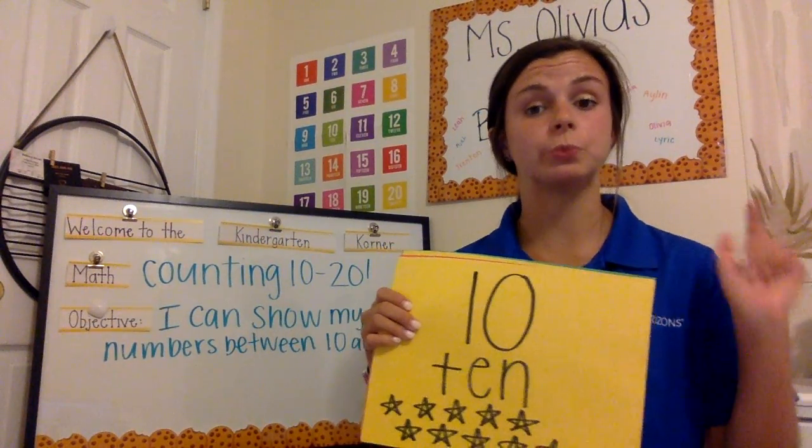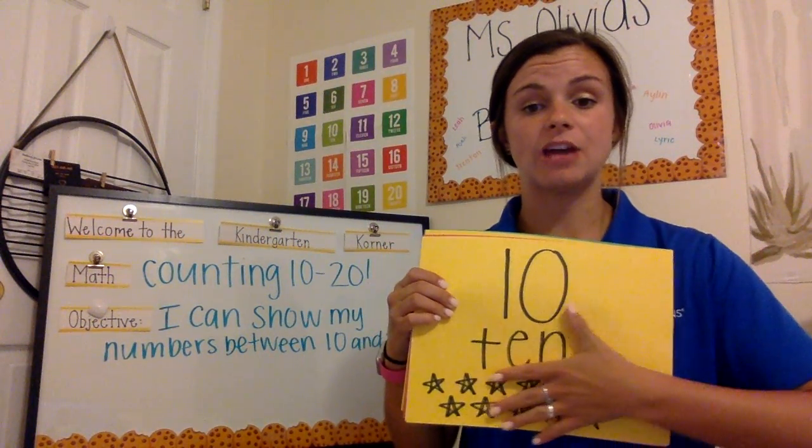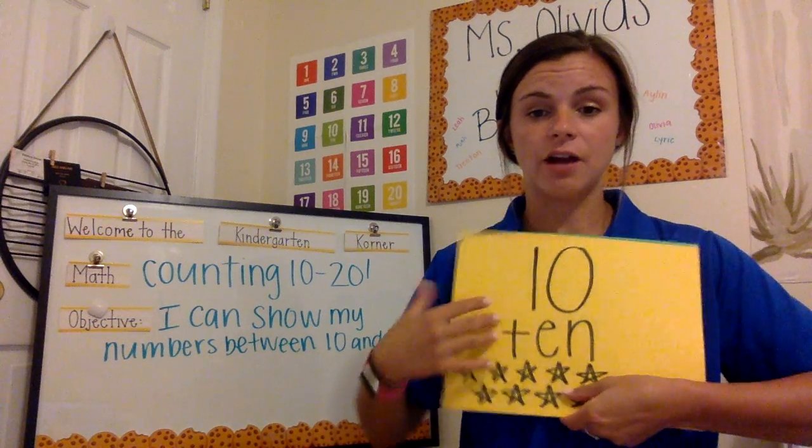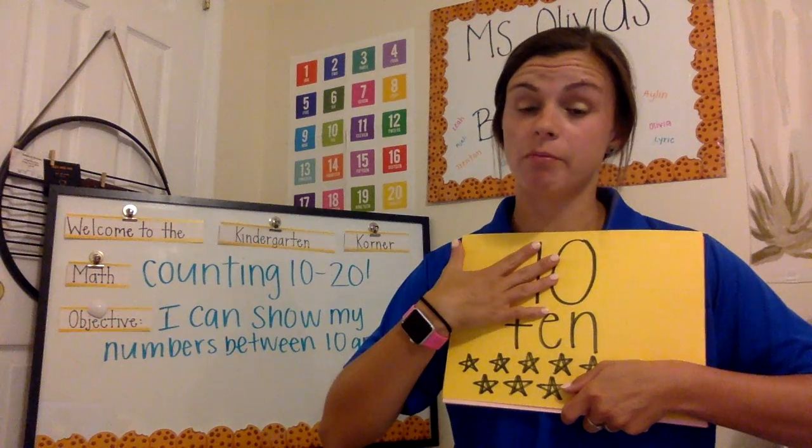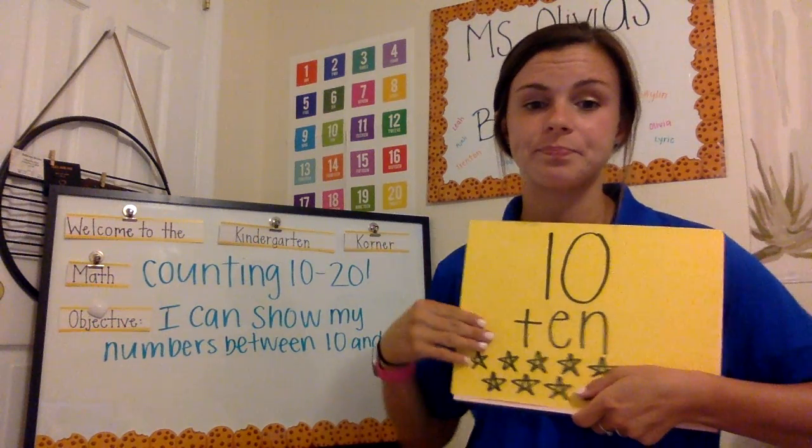We're going to go through those one more time. And as you see at the bottom of each of my numbers, I have the stars, and the stars match the number, okay? Just keep that in mind.